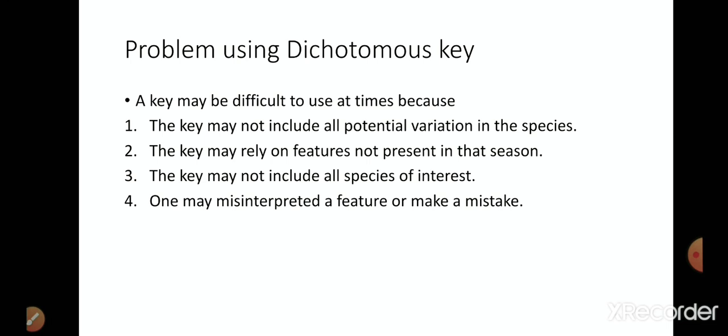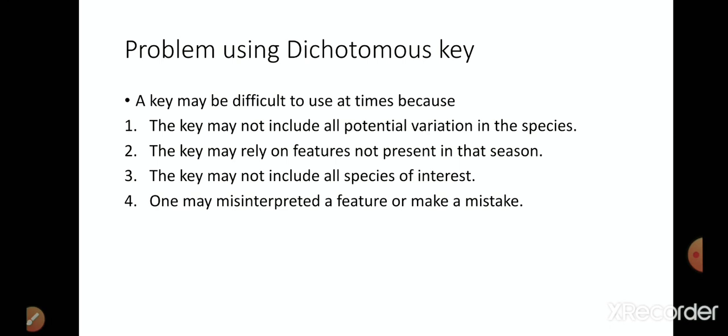Second, the key may rely on features not present in that season. Basically, the dichotomous key shows characters which are morphologically, embryologically or anatomically present, but not seasonal characters, maybe hibernation, estivation.